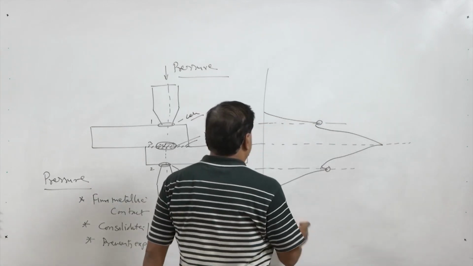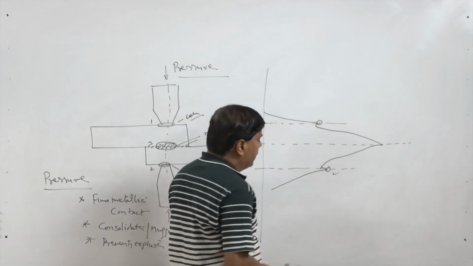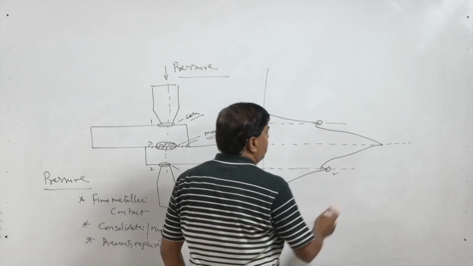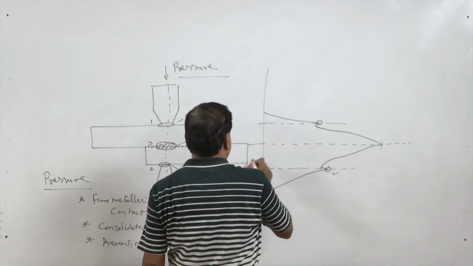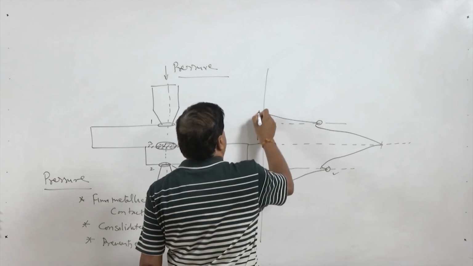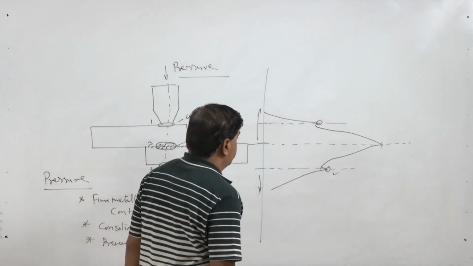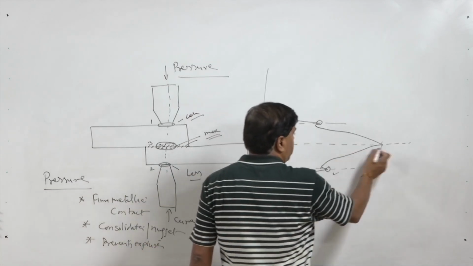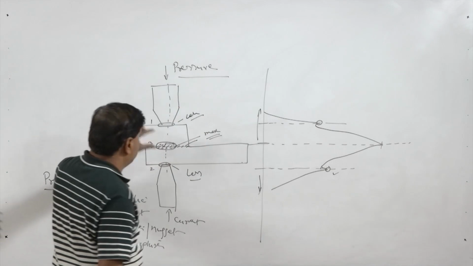This temperature corresponds to the temperature at both the electrode and the workpiece surfaces. This is the distance from the faying surfaces, this is on the electrode side and this is on the other electrode side, and the maximum temperature is of course generated at the faying surface, the contact surfaces of the workpiece.